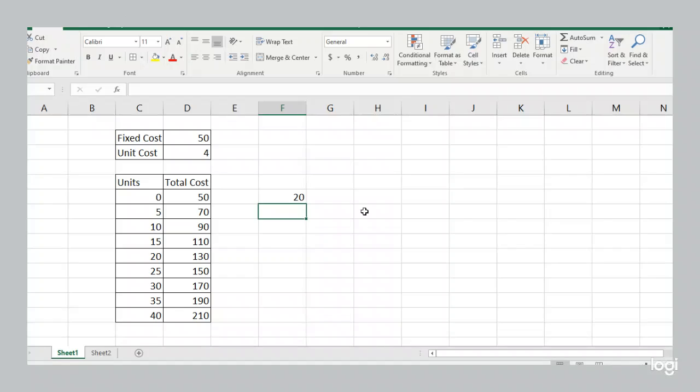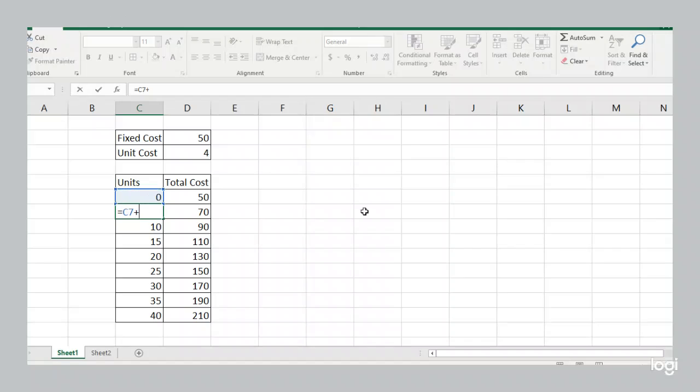So that's an increase of 20. If we want to create another 5 units, so here we go from 70 to 90, that's another $20. Another 5 units, 90 to 110. That's another $20.